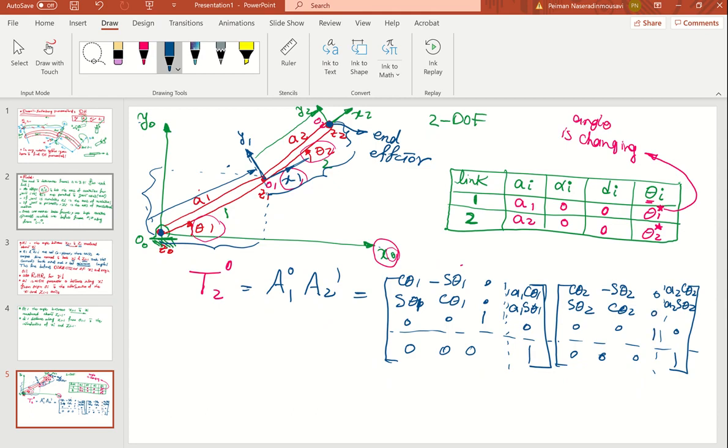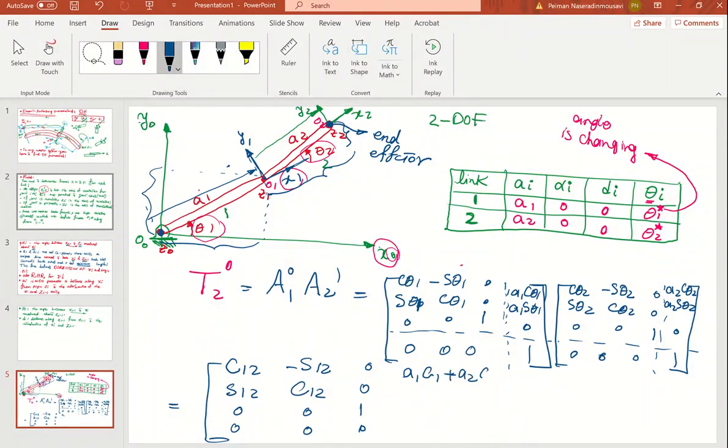The result is cosine 12, sine 12, 0, 0, minus sine 12, cosine 12, 0, 0, 0, 0, 1, 0, and the position column A1 cosine 1 plus A2 cosine 12, A1 sine 1 plus A2 sine 12, 0, and 1.